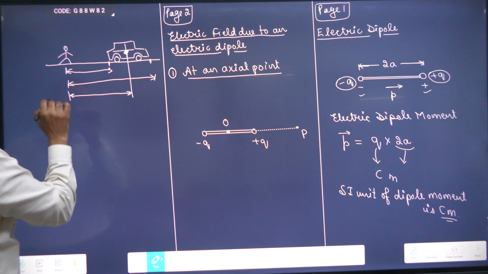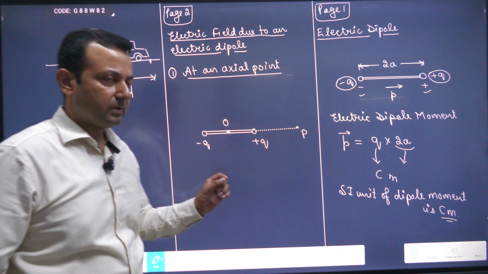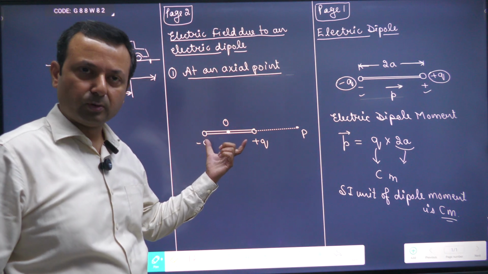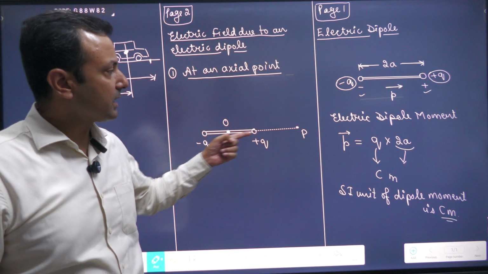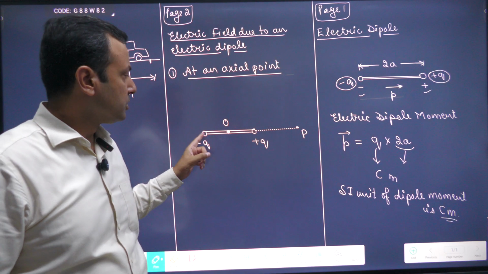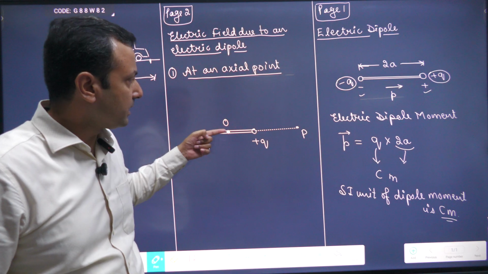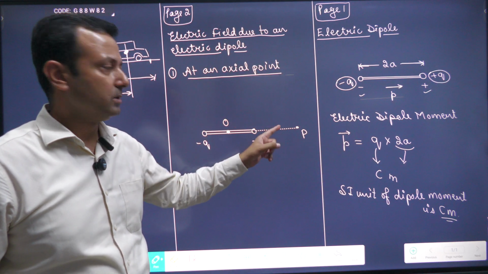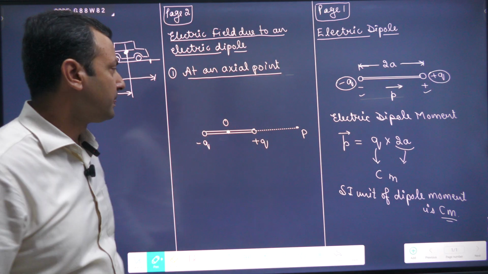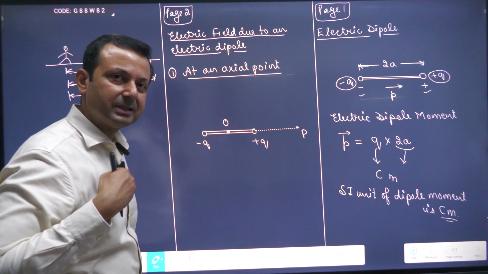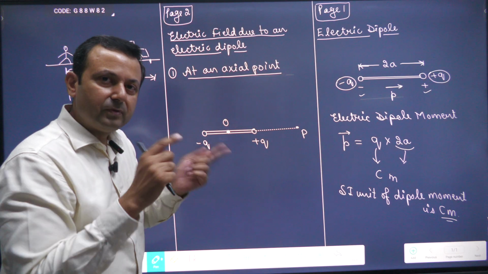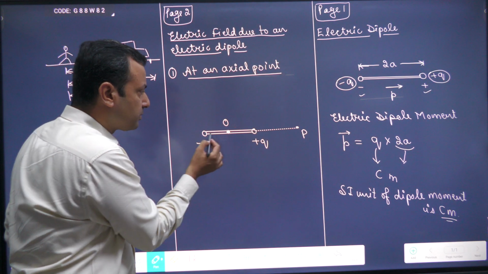Similarly, when we have an electric dipole and we want to calculate the electric field at an axial point of this dipole, first of all we will take a point on the axis of this dipole. We have taken that point as P. Now we will mark the center of this dipole because we want to measure the distance. From which point do we measure the distance, from this point or from this point?